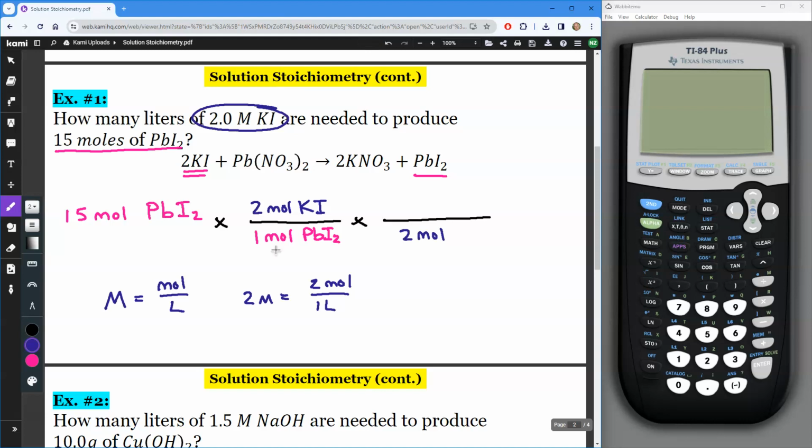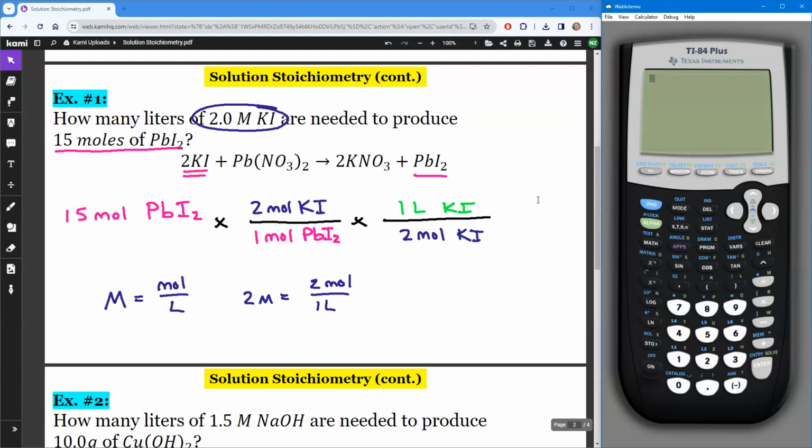So 2 moles of potassium iodide for every 1 liter of potassium iodide. Previously, the only time we were seeing something other than 1 with moles was our mole ratio. However, when we write out our molarity, we're going to also see numbers other than 1.